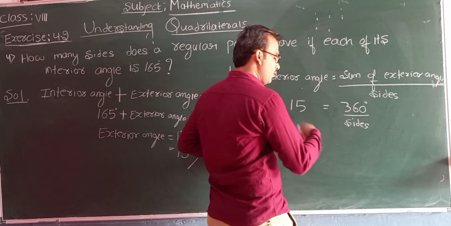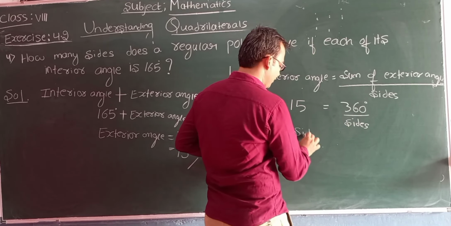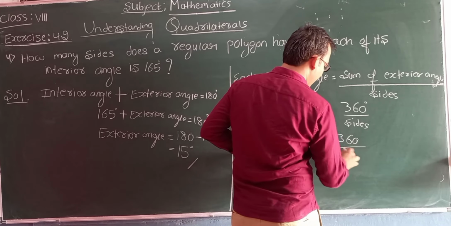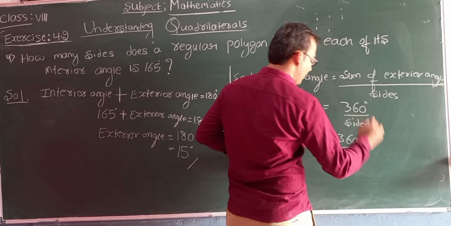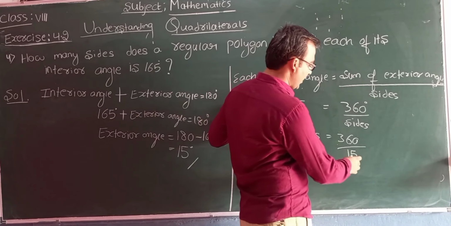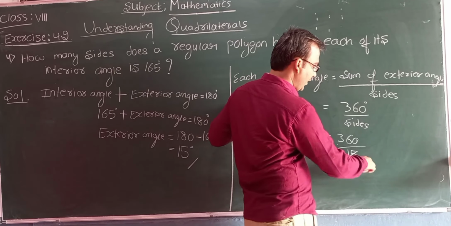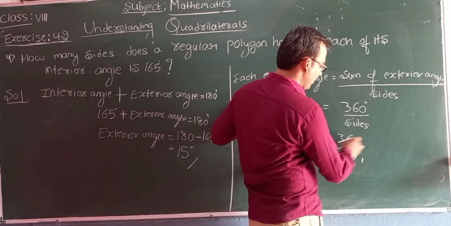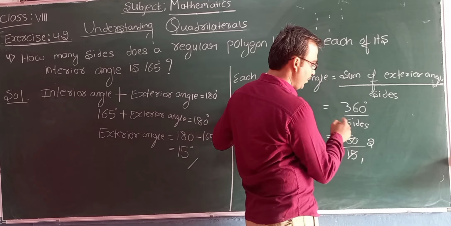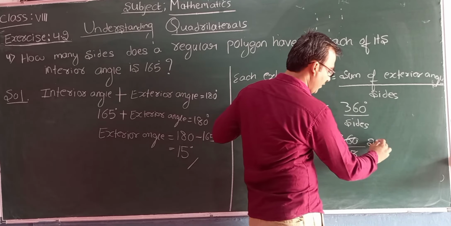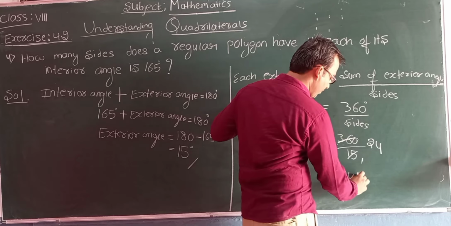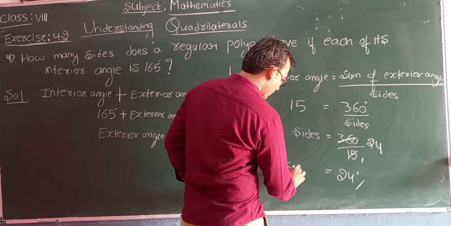We want sides, no? So bring sides here, equals 360 by 15. Students, we can calculate this one. 15 ones are 15, 15 twos are 30, 6 remains, it becomes 60. 15 fours are 60. So here it is not degrees.